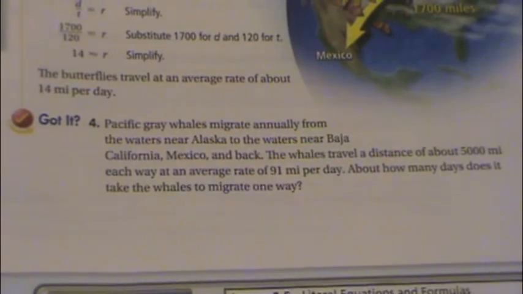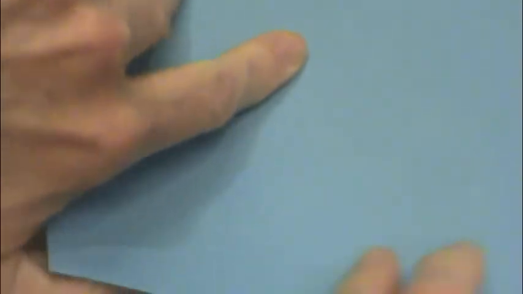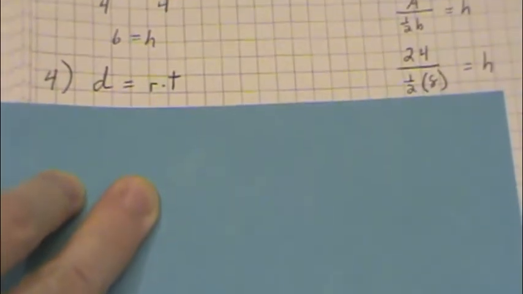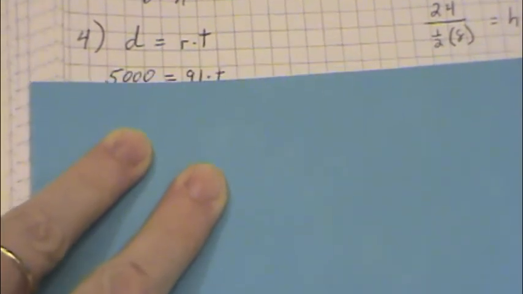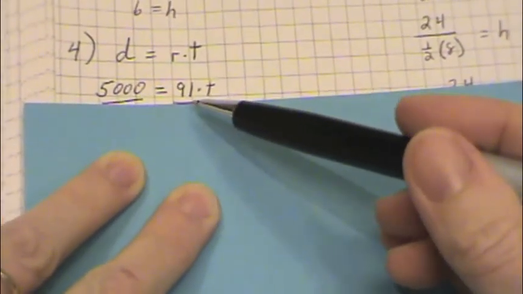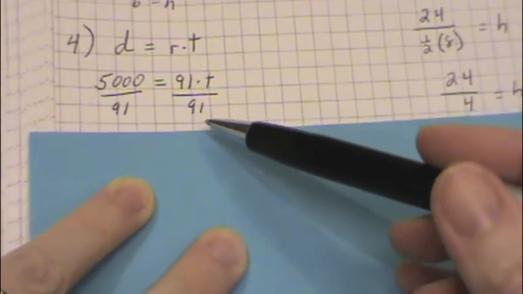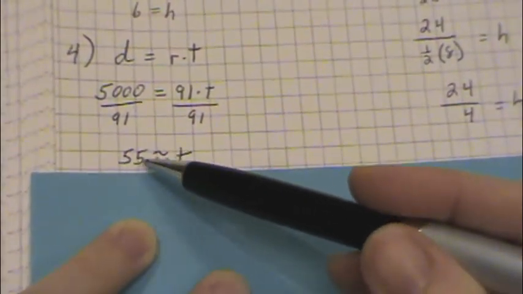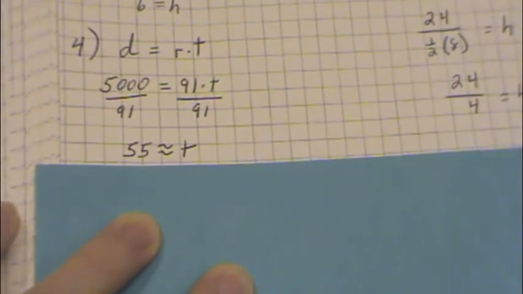Where's my notebook? There we go. Distance equals rate times time. And again, I just substituted the numbers in directly. We know that they're going 5,000 miles. We know that their rate is 91 miles a day. Divide each side by 91. And it takes them approximately 55 days to make that trip.